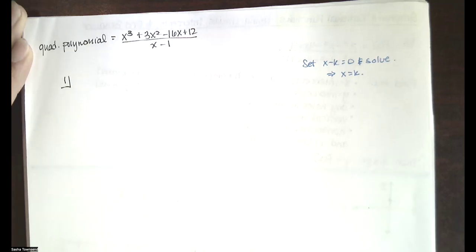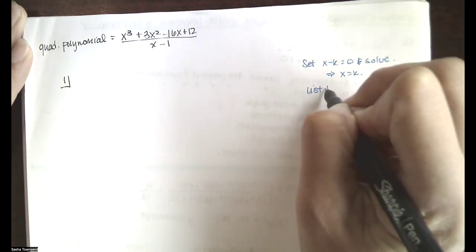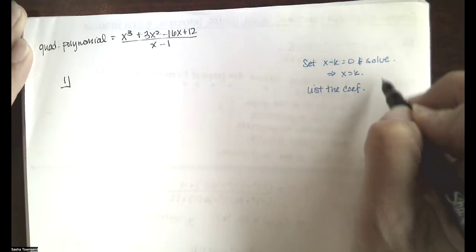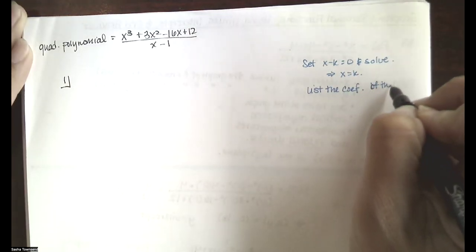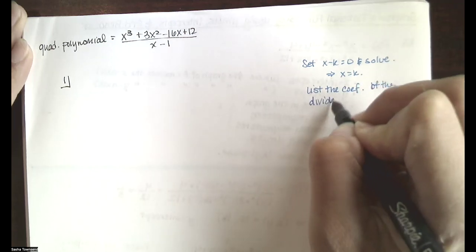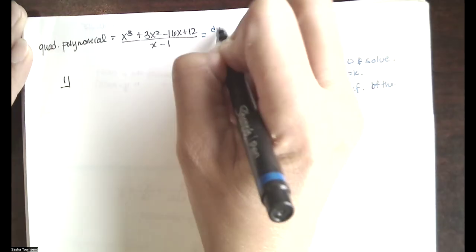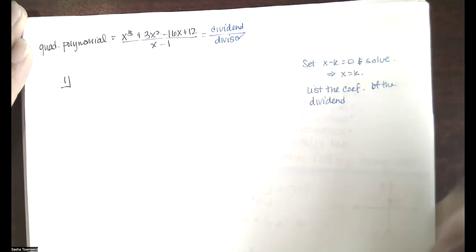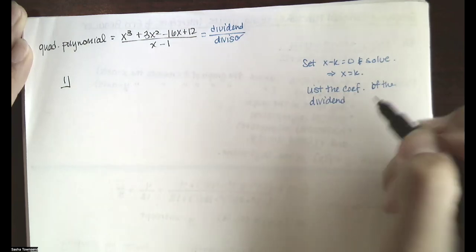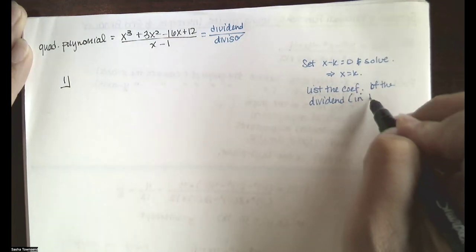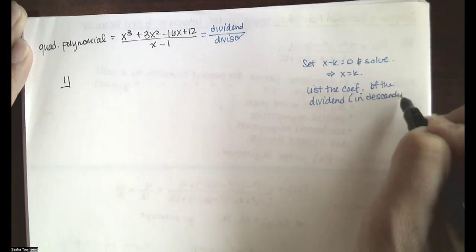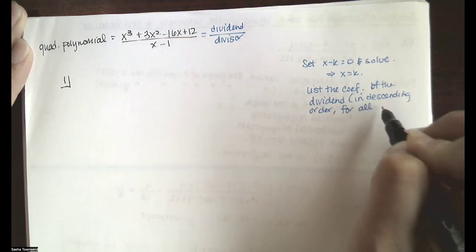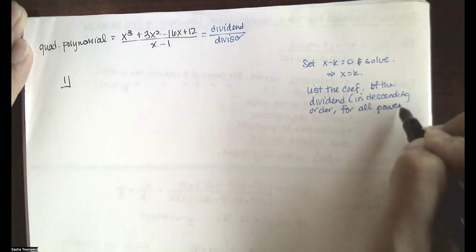And then you need to list the coefficients of the polynomial in the numerator. Sometimes we call that the dividend. This is the dividend. And then in the denominator, we have what's called the divisor. And you have to do this in descending order for all powers of x.